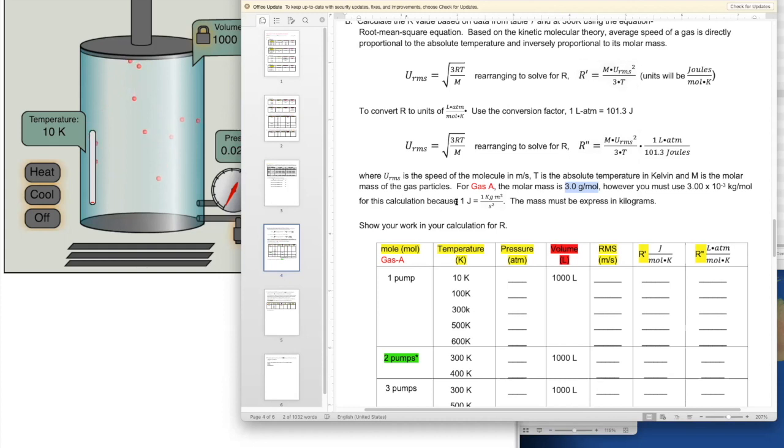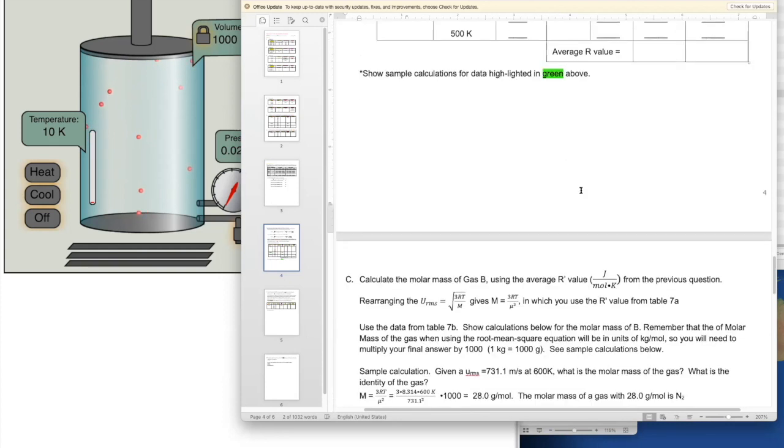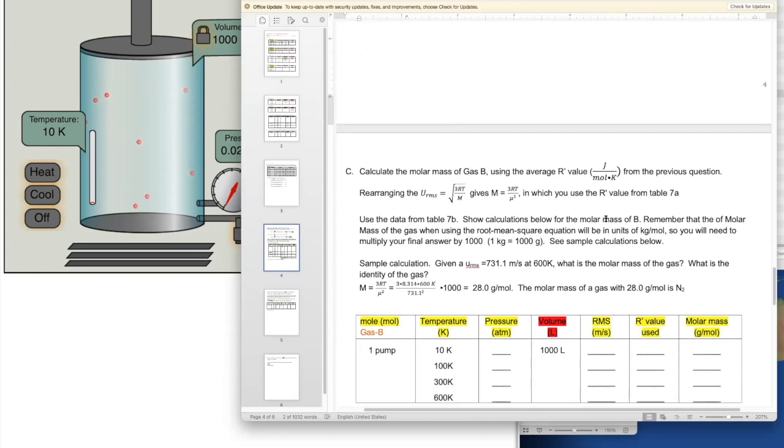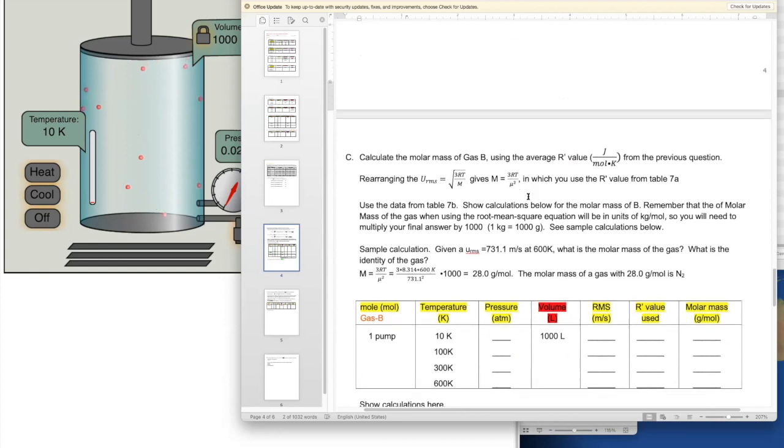And then you divide by 3 and the absolute temperature. Once you calculate that value, you change the units from joules to liters atmosphere by dividing R prime by 101.3 joules. You can see that conversion factor right there. I give you an example right here of how to do that, so go ahead and read that, because this is an example of doing this.